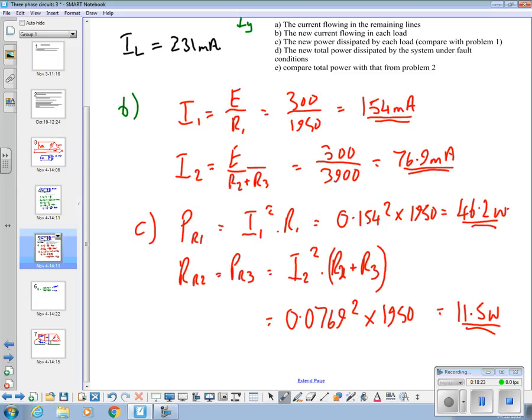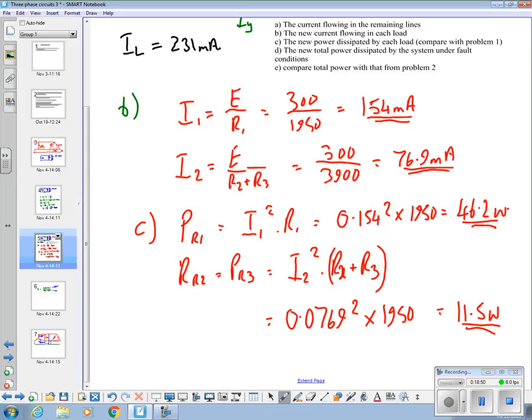Because the question says new power dissipated by each load, that one is the same as it was. These ones have gone to a quarter. We've halved the current. The square relationship means half the current, you quarter the power.